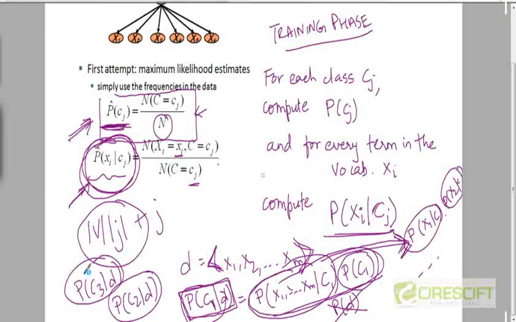Now each of these values is going to be inaccurate because of this naive assumption. But it turns out that the inaccuracies are sort of similar in all of them, so that their relative values don't change.